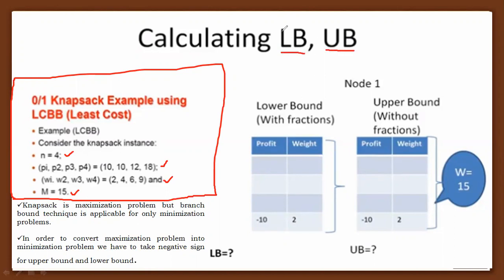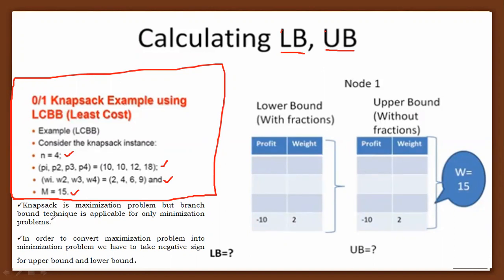How to calculate the lower bound and the upper bound, we will discuss here. The knapsack problem is a maximization problem, but the branch and bound technique is applicable only to minimization problems.